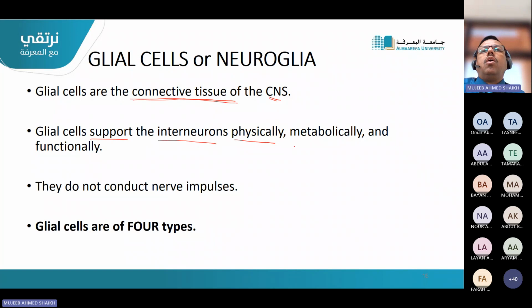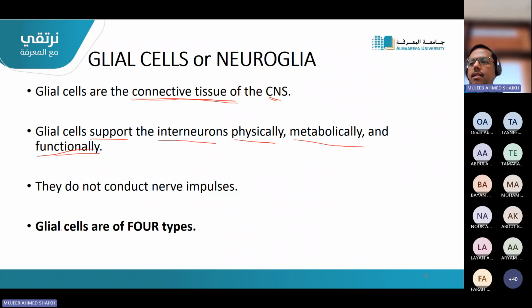They also support metabolically, maybe causing changes in the concentration of different ions, and sometimes modifying the action of the neuron, or functionally. So glial cells are responsible for physical support, metabolic support, and functional support.